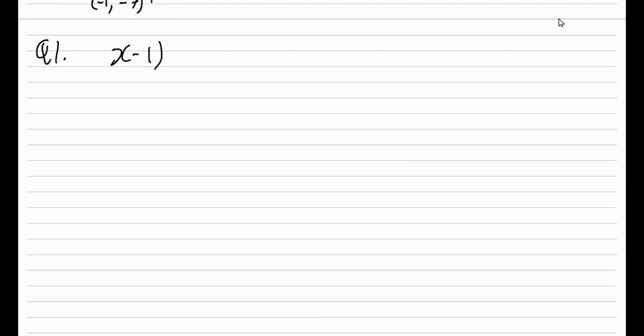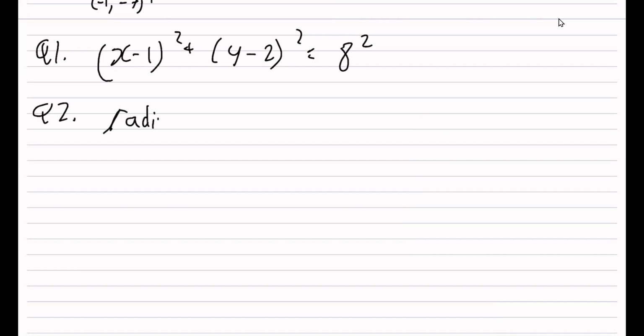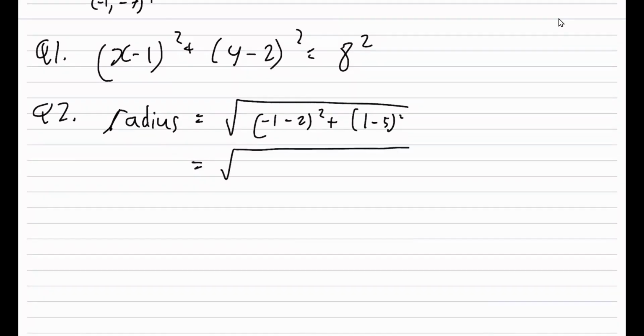Then, yes, you were saying that question 1, just fill in the blank. So you get (x minus 1) squared plus (y minus 2) squared equals 8 squared. That's good. Question 2, you just find the length of the radius. So radius equals the square root of (-1 minus -2) squared plus (1 minus -5) squared. This simplifies into 3 squared, 9, and 4 squared, 16, which is 25.